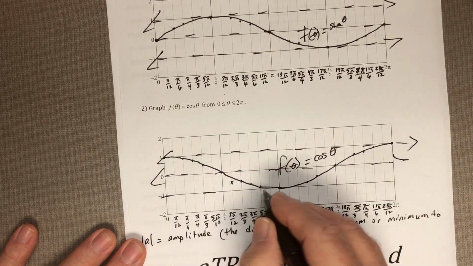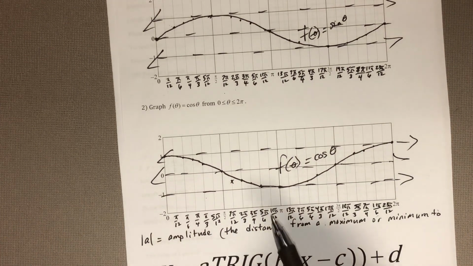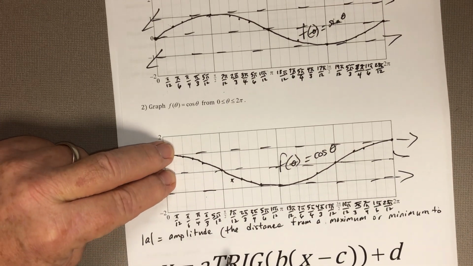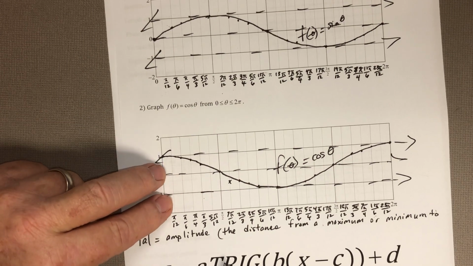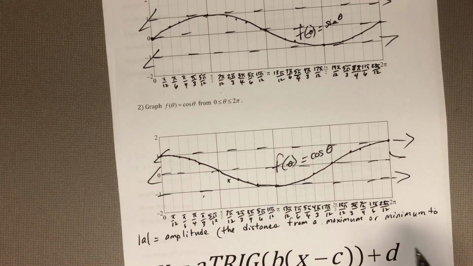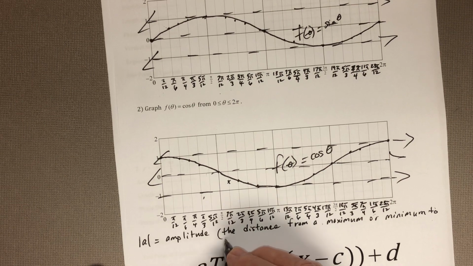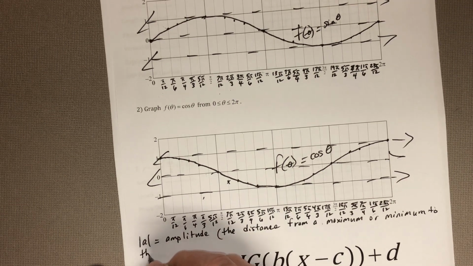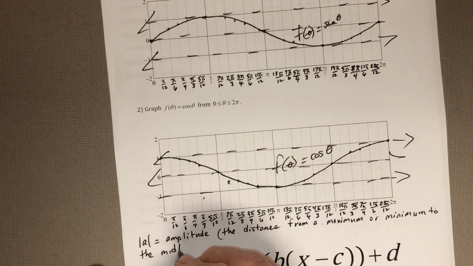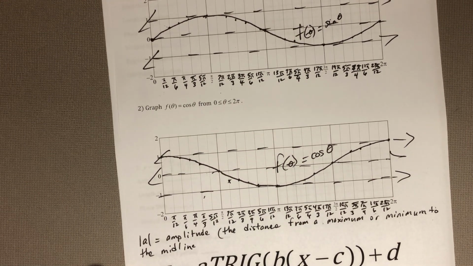So there's your 3 lines, and the amplitude is the distance between the midline and the line containing the maximum, or the distance between the line containing the minimums and the midline. So the distance from a minimum or maximum to the midline.